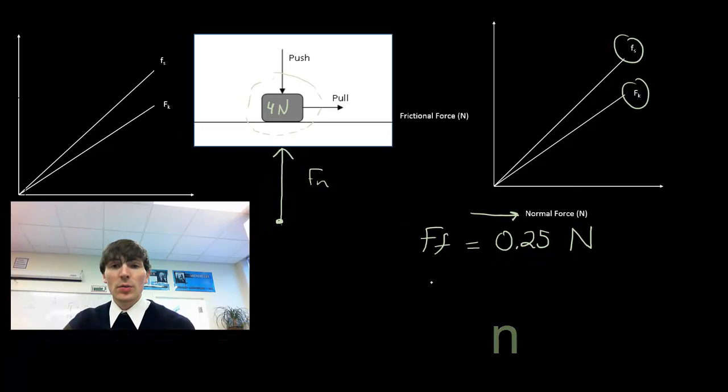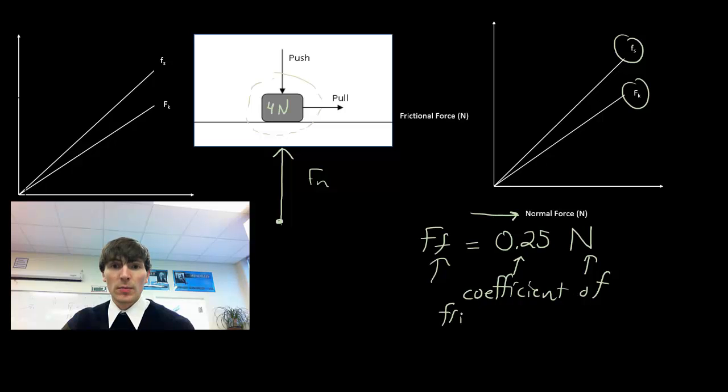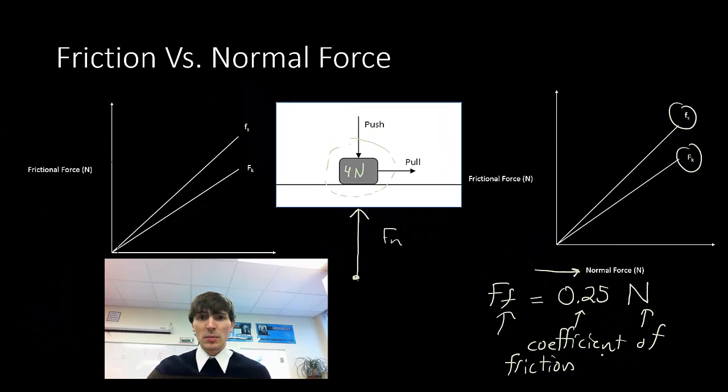So this is our frictional force, this is our normal force, and this one in the center is what we call the coefficient of friction. It's this unitless constant that applies to a situation where we're looking at frictional forces between two surfaces. It is shown by the Greek symbol mu.